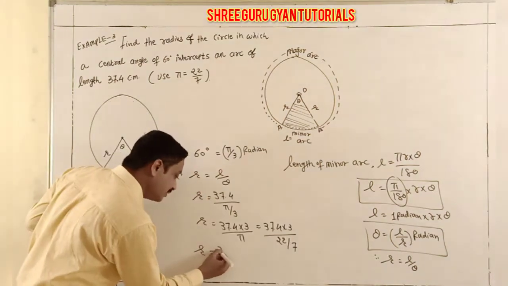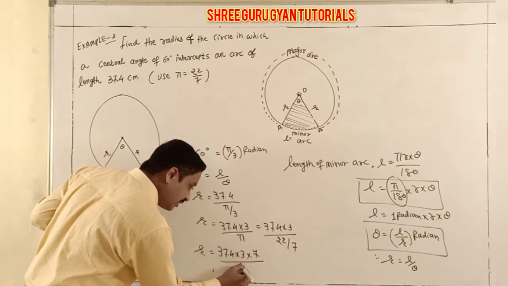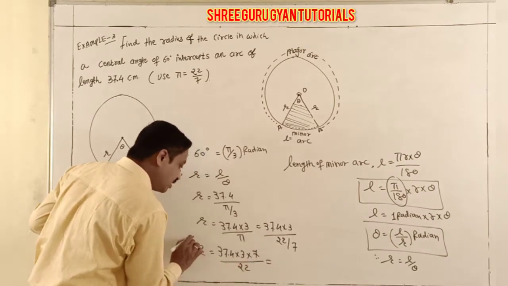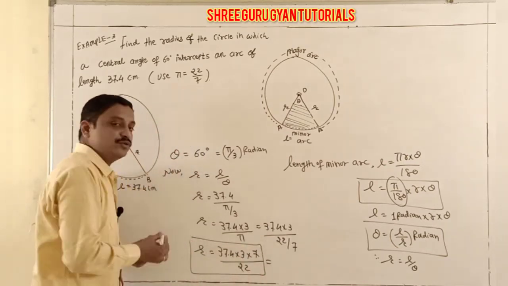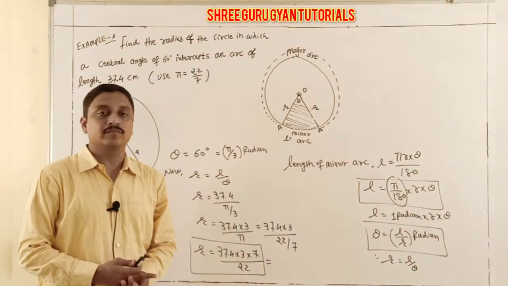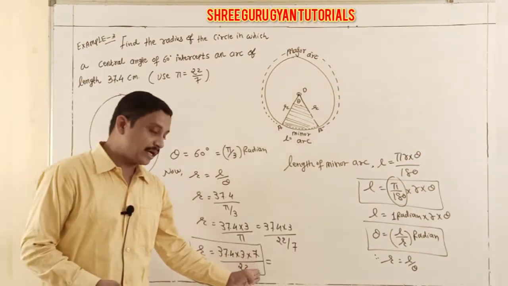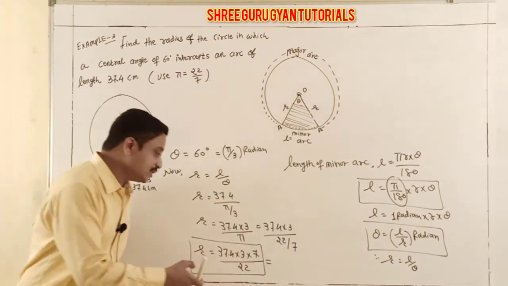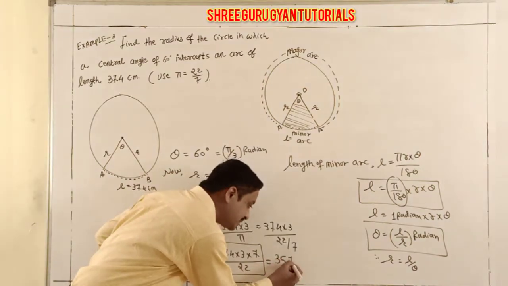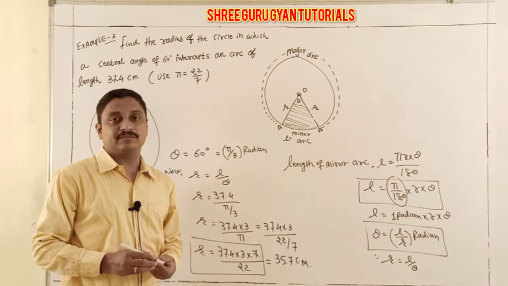So R is 37.4 into 3 into 7 by 22, and this full value you just calculate easily. Now students, you divide and calculate the value. It is 35.7 centimeter. That's my radius.